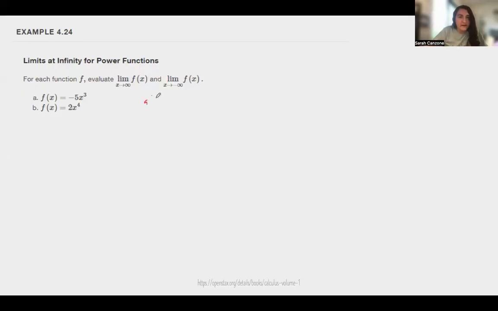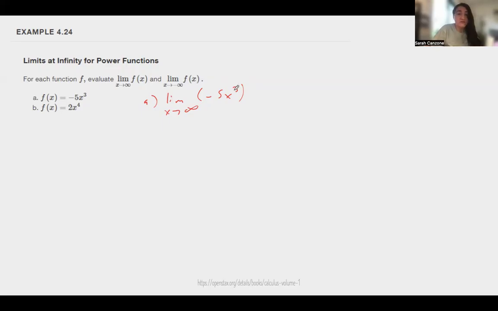So if you look at A, and you're looking at f of x equals negative 5x cubed, and we're looking at the limit as x approaches infinity of negative 5x cubed. If you consider plugging infinity into this x right here, well, anything times infinity is infinity, right?